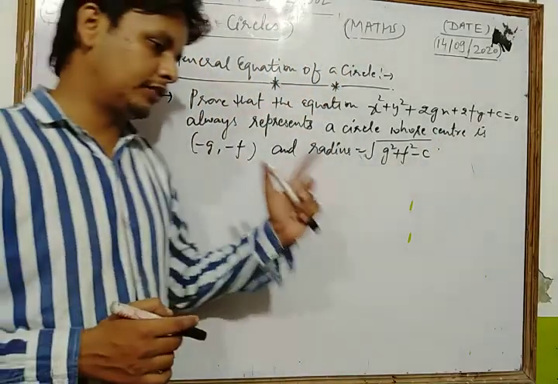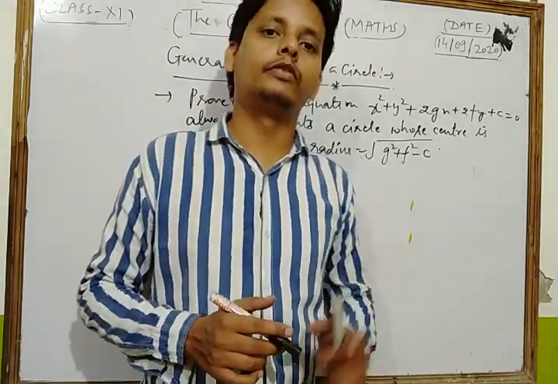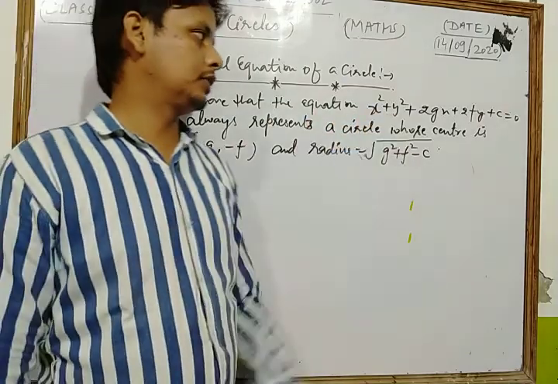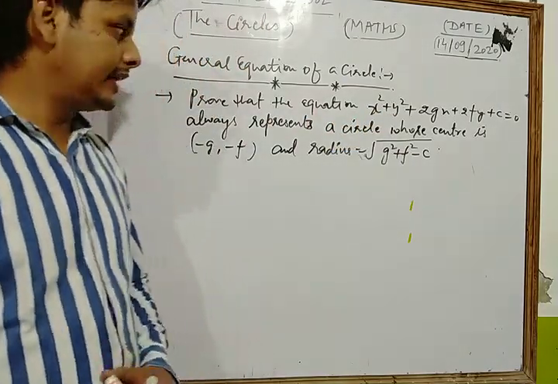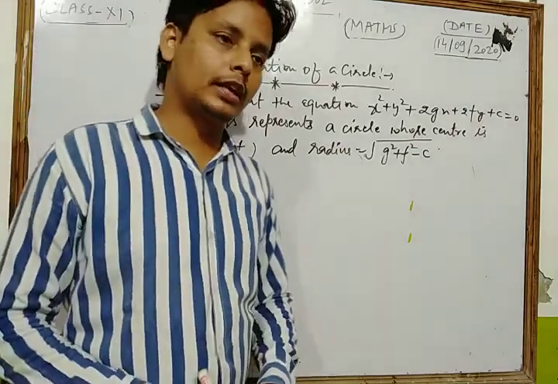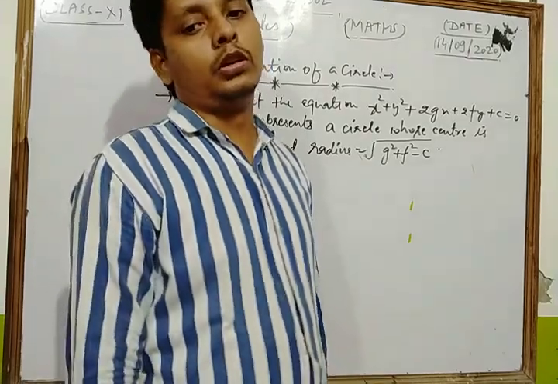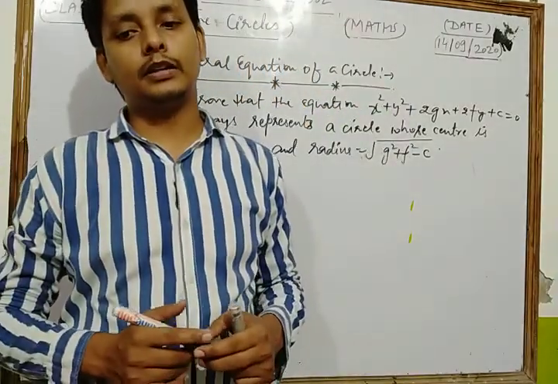Dear students, this is one of the most important topics or theorems of the chapter, and we have to show that the equation x square plus y square plus 2gx plus 2fy plus c is equal to 0 always represents a circle whose center is (minus g, minus f) and radius equal to square root of g square plus f square minus c.